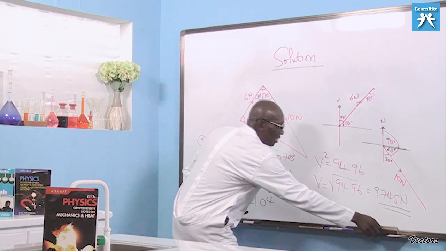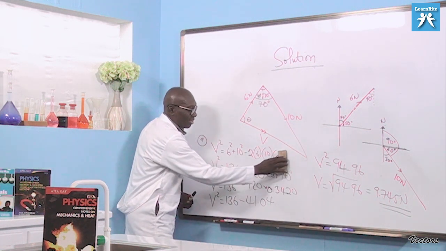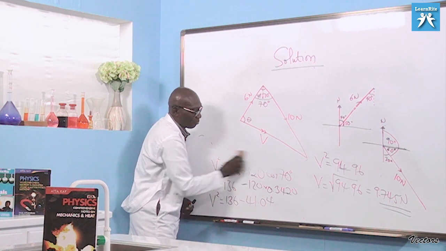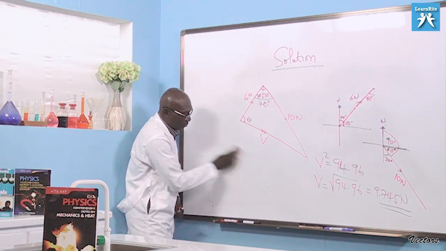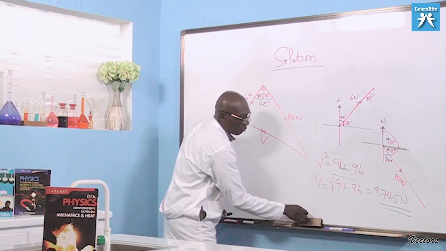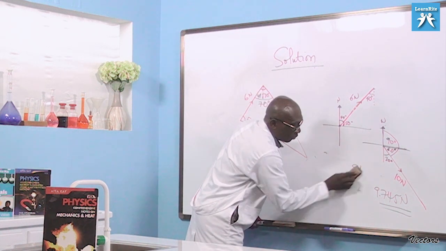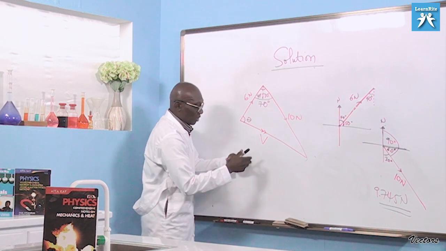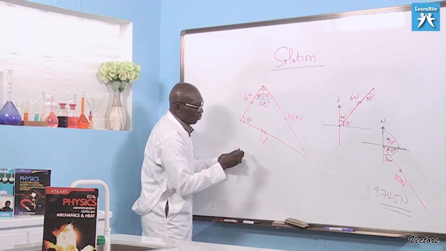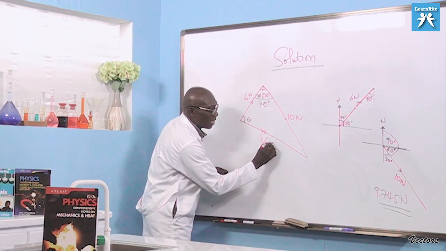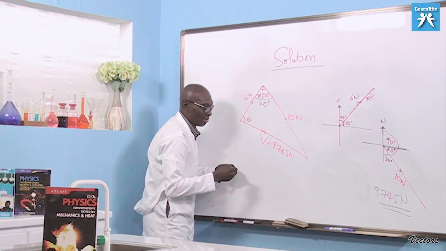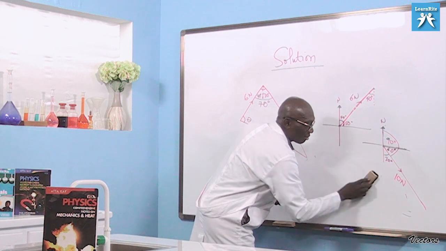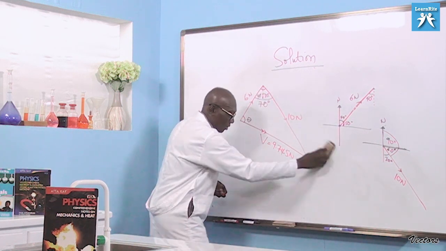Students, allow me to clean this part of the solution so that we can have space to work. We now know this resultant vector to have a magnitude of 9.745 newtons.